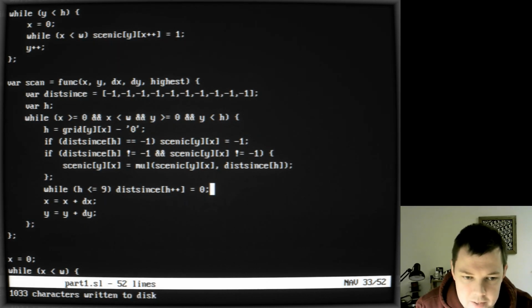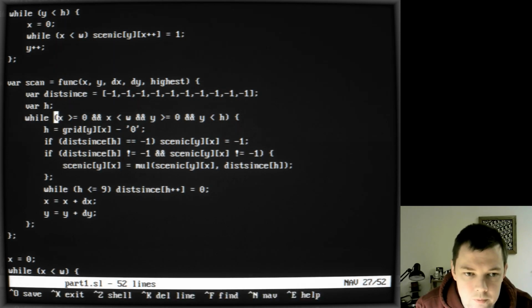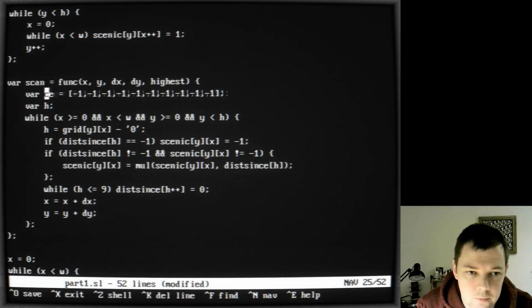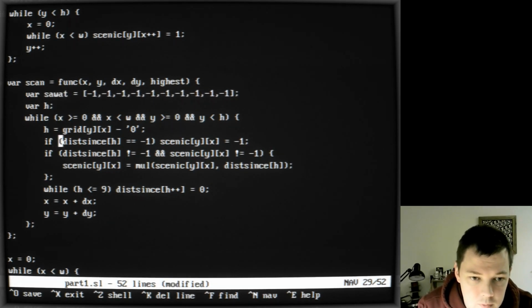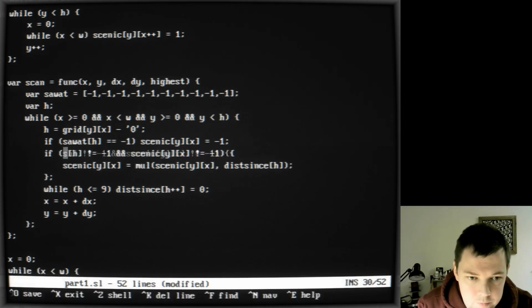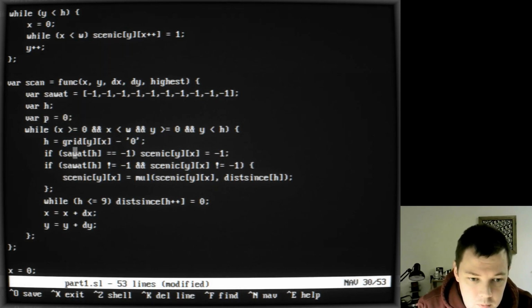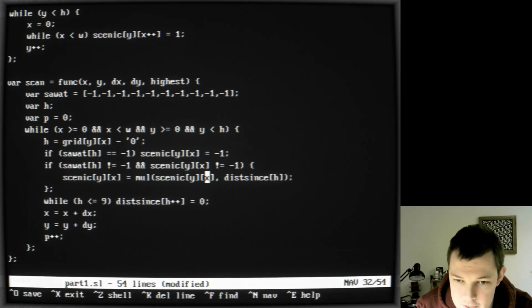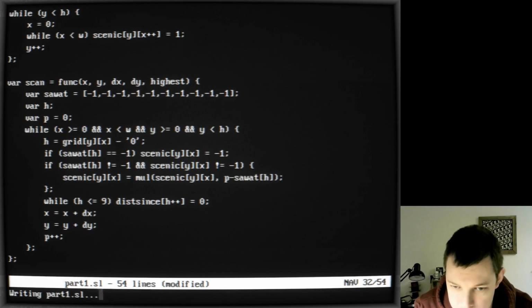We want the position that it was at. So the distance since h is p minus h.